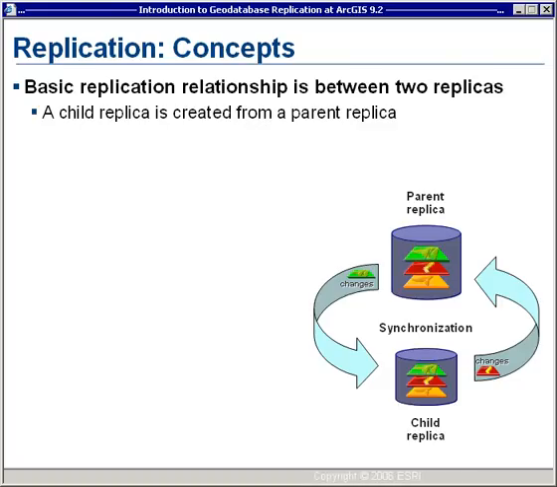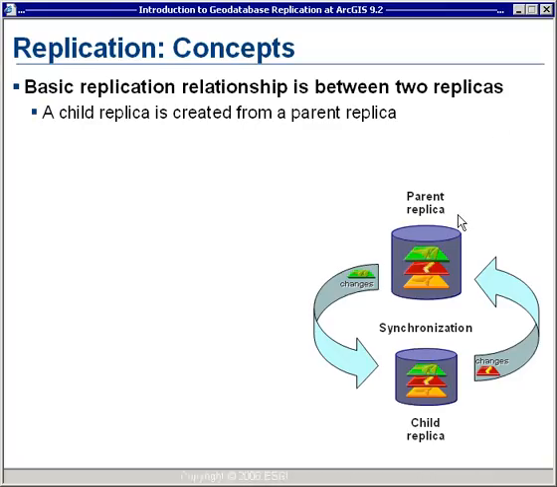The basic replication relationship is between 2 replicas, where the source of the data is the parent replica, and a child is then created from the parent. When you create a replica, you need 2 geodatabases. You start with one geodatabase that contains the data, and then you replicate to the second. In this diagram, the top geodatabase is the origin geodatabase, where all the data exists.